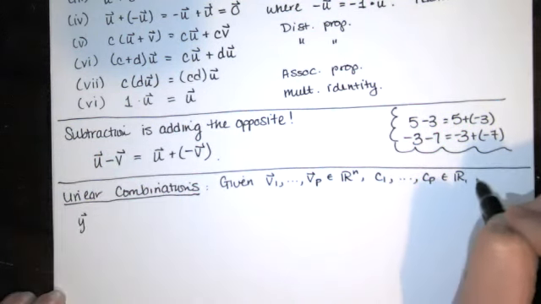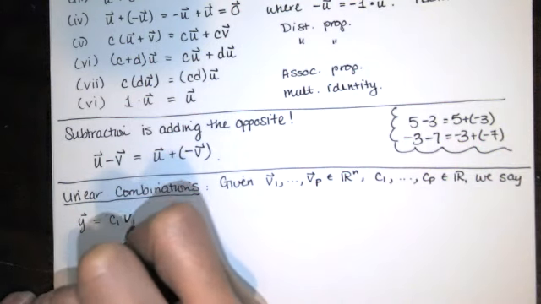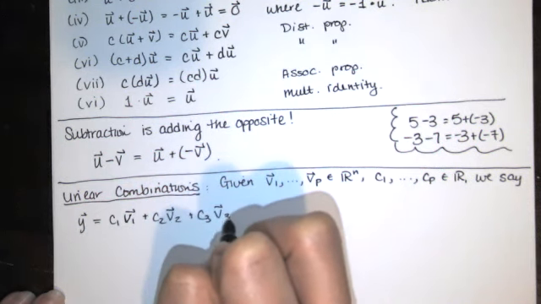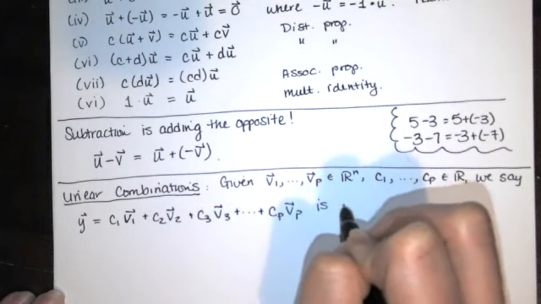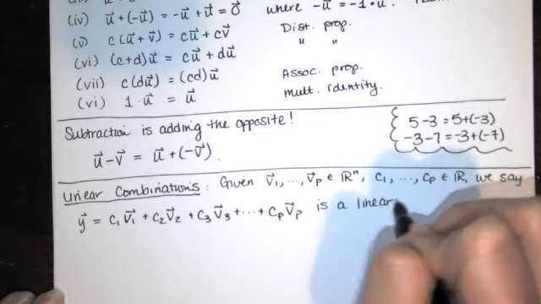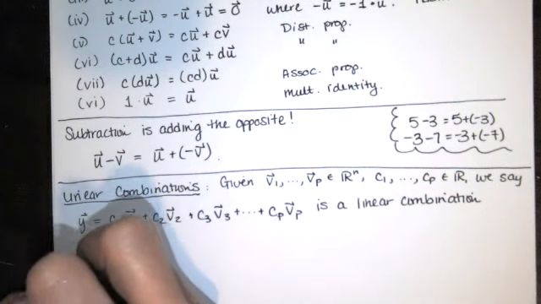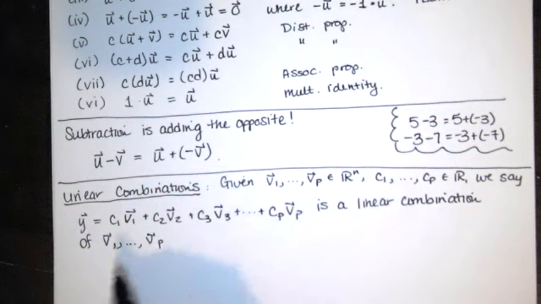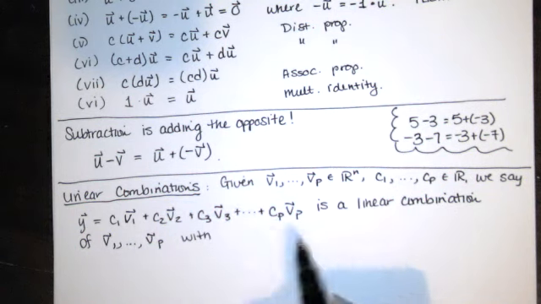Then we say that y equals c1 times v1 plus c2 times v2 plus c3 times v3, all the way through c sub p times v sub p, is a linear combination of v sub 1 through v sub p. And the weights given to each of those vectors are the constants that are multiplying them.